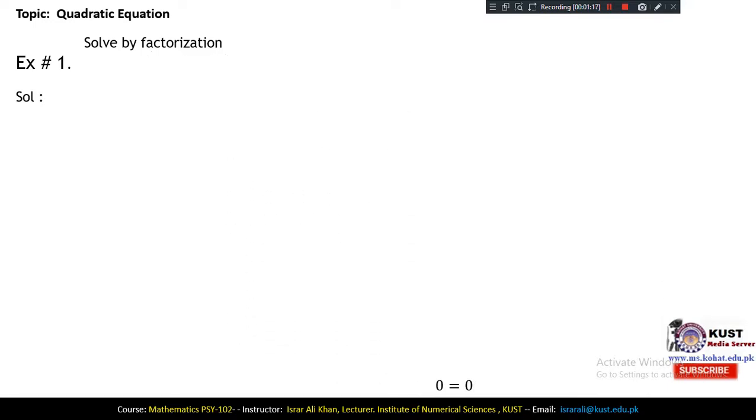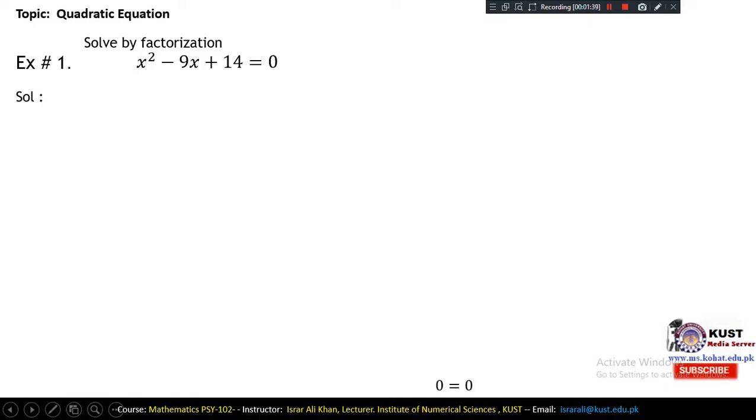x square minus 9x plus 14. Now the procedure to solve a quadratic equation by factorization is we multiply these two, the coefficient of this multiplied by this, then this becomes 14.